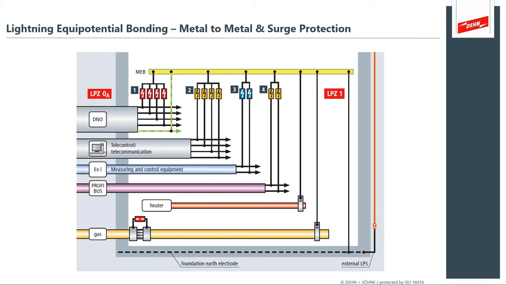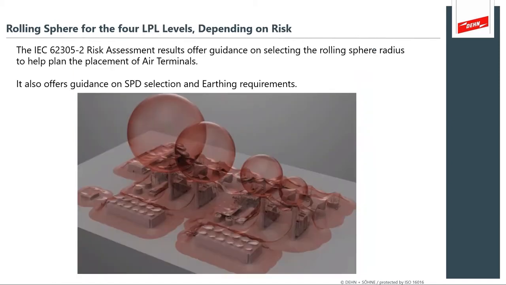What's nice about this illustration is it shows things like a metal-to-metal pipe for gas or copper water pipes, but it also is a great illustration for things that are not bonded. You have to use surge protection on your telecommunications, on your main AC power, on things like data communication lines. This is where surge protection devices go, and that's where we're going to start our discussions.